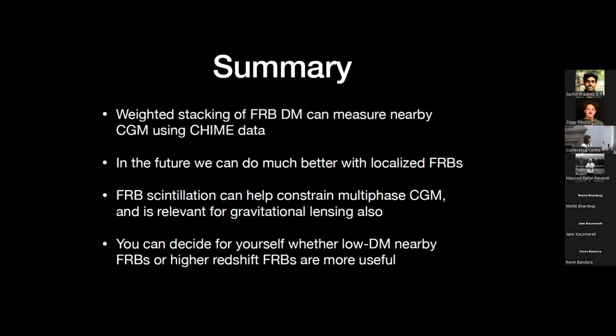So my question is, why do you think you need a small screen to produce plasma lensing? No, my question is why do you have a small screen constraint to produce scintillation of FRBs?